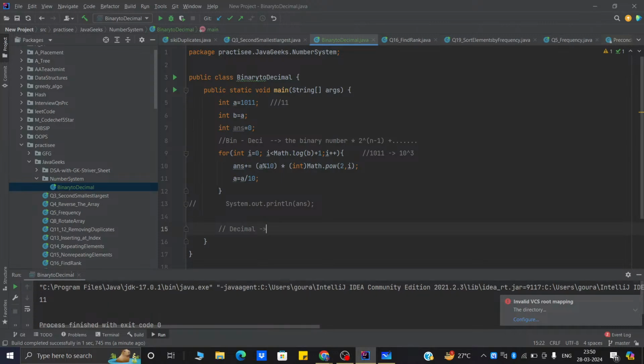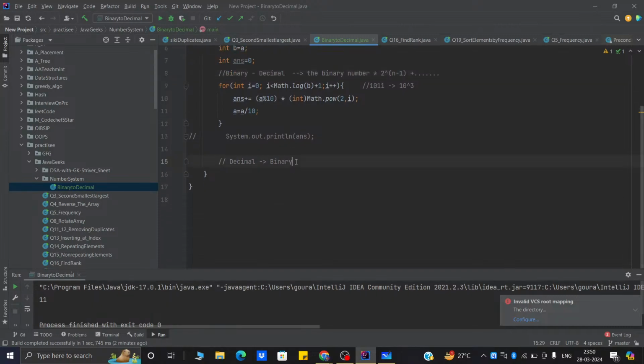Decimal to binary. Okay, so let's make it clear so that later when you get the code, you can judge it easily. So what is the formula from decimal to binary? We divide a number by 2 and take the remainder, and store the remainder part in some other variable.